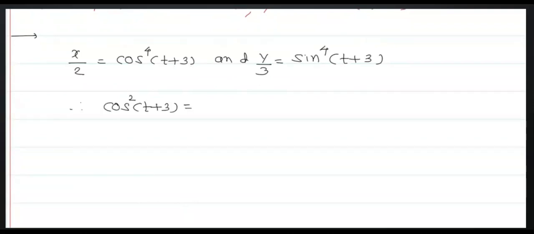Now next is cos square t plus 3 is equals to root of x upon 2, and sin square t plus 3 is equals to root of y upon 3.